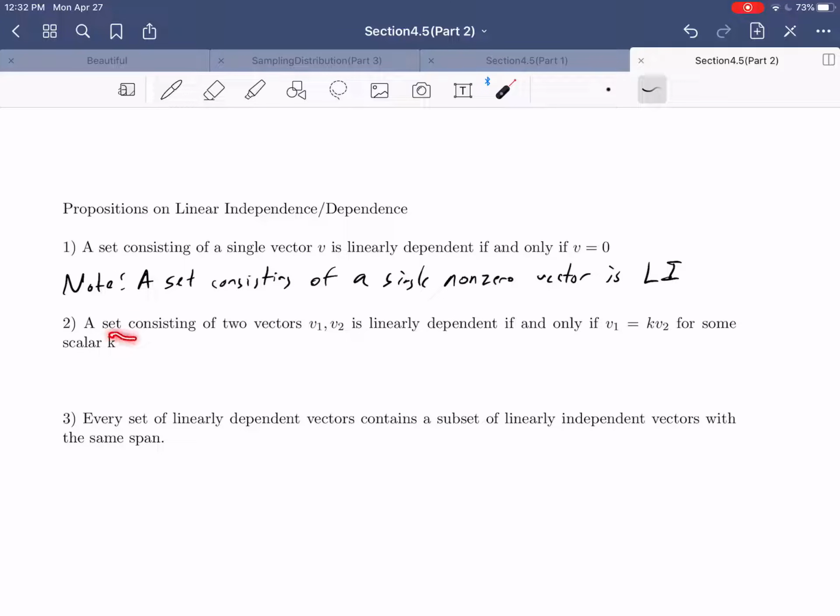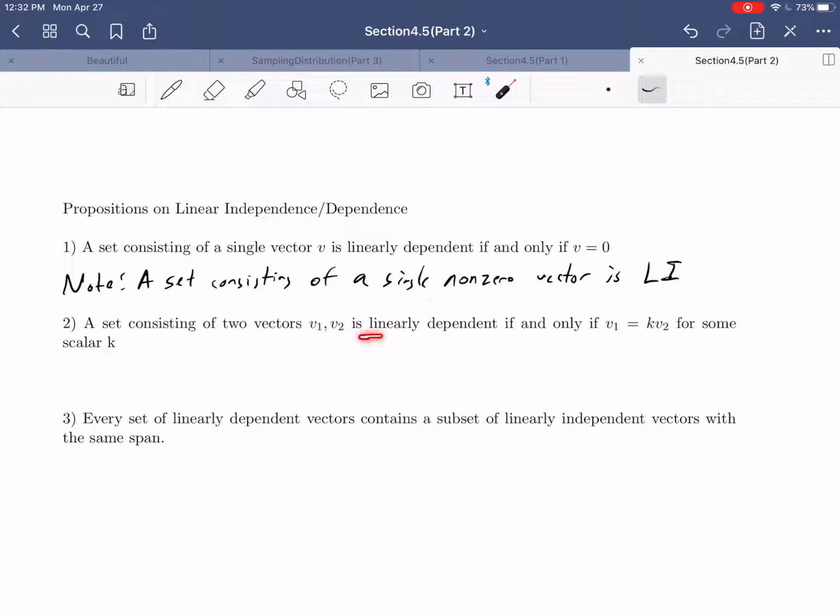So this says a set consisting of two vectors, v1 and v2, is linearly dependent if and only if one of the vectors is a scalar multiple of the other. So this is basically saying in the unique case when you only have two vectors, then linear dependence is the same as one being the scalar multiple of the other.